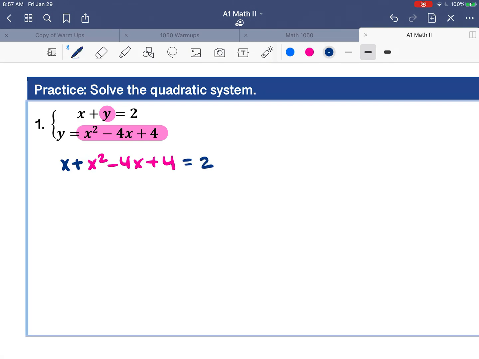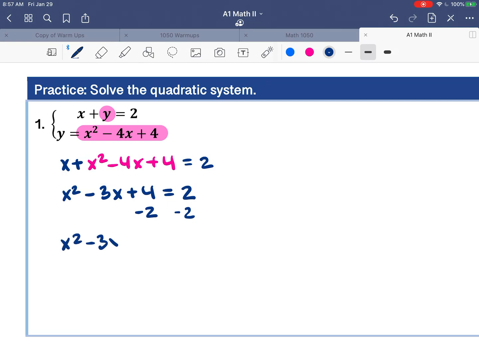So I just put that equation in there. Then we can combine like terms because we have an x and a minus 4x, which makes minus 3x. So I have x squared minus 3x plus 4 equals 2. And then we want to make this equal to 0, so I'm going to move this 2 by subtracting 2 on both sides.